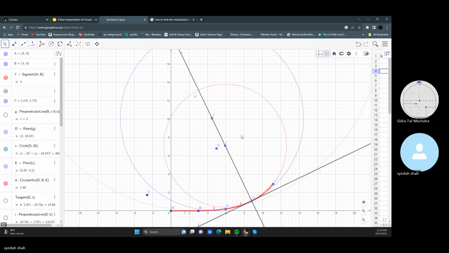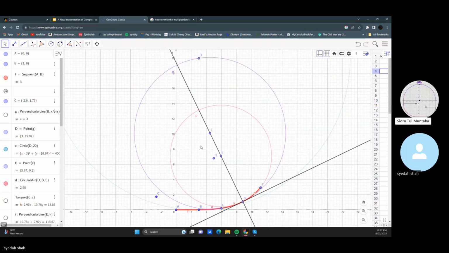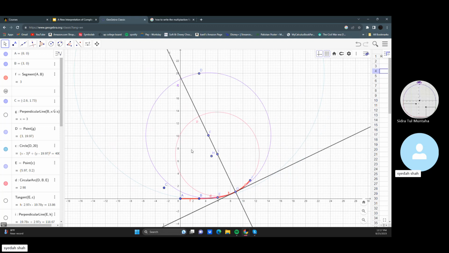Okay, so will these arcs form a circle at the end or not? I don't think so. So what kind of shape would it be? I think it'll just be a curve. I think it will just go like this and then straight. Okay, maybe.